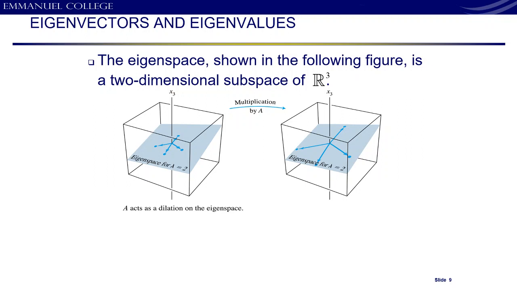So your eigenvectors form that eigenspace, and the eigenspace means multiplication by a transformation matrix is the exact same as just multiplying by the scalar, which in this case is 2.